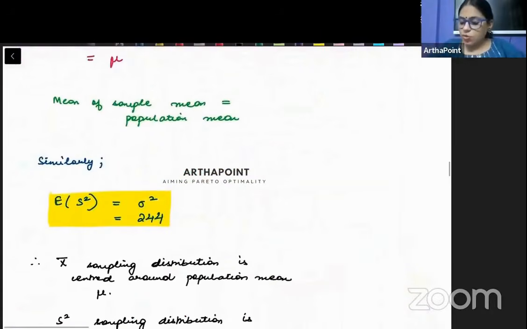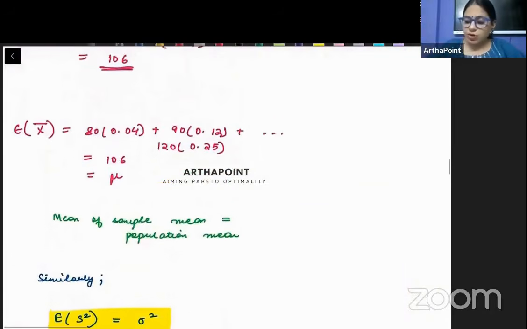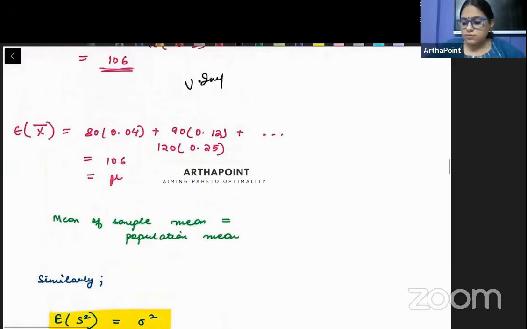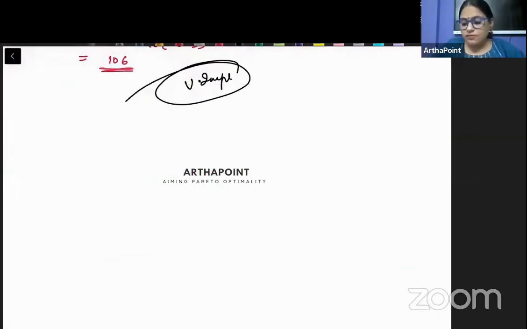Okay. Now, this is very, very important. Try to see this better. हमने क्या किया? हमने बोला we have a population at hand. The population had three things.